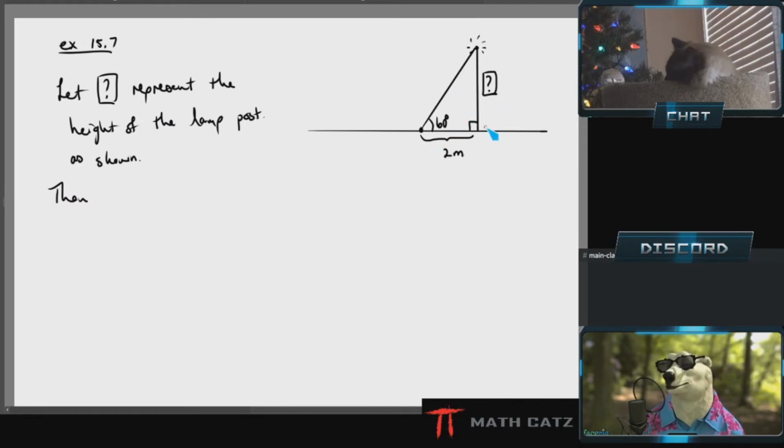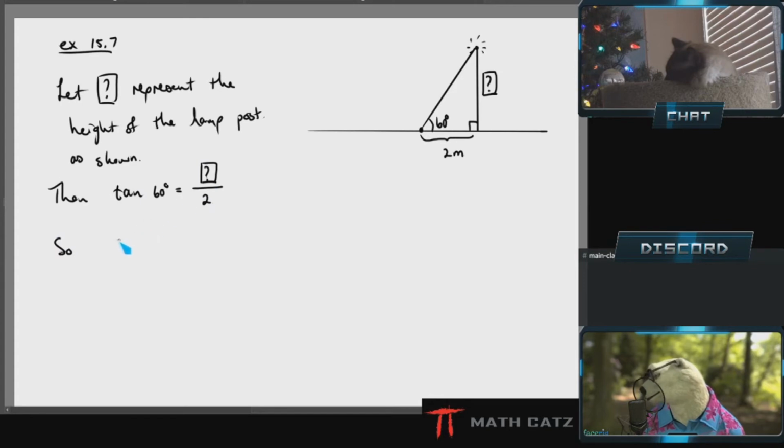Now I have to relate the quantities given and the symbol relative to the angle here, 60 degrees again. I have an adjacent edge and an opposite. So that will be the tan function: opposite over adjacent.